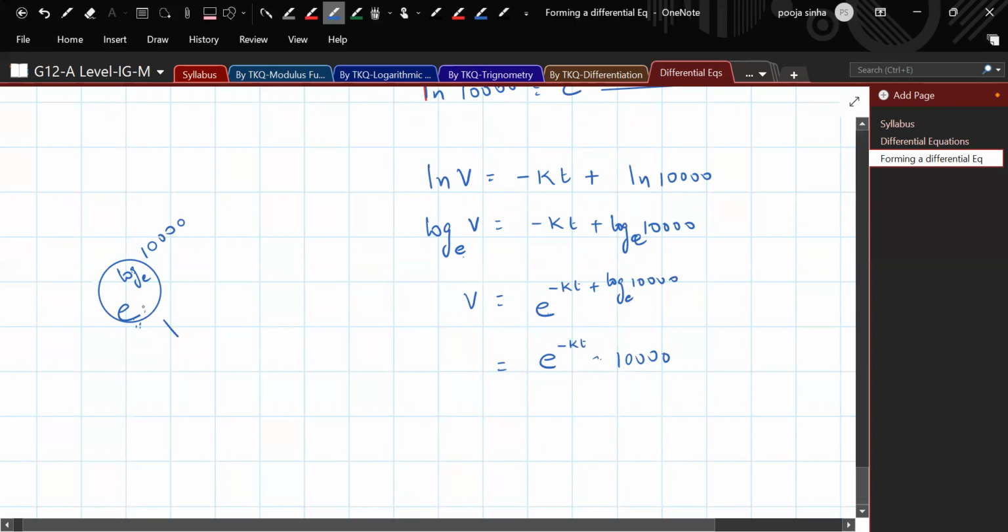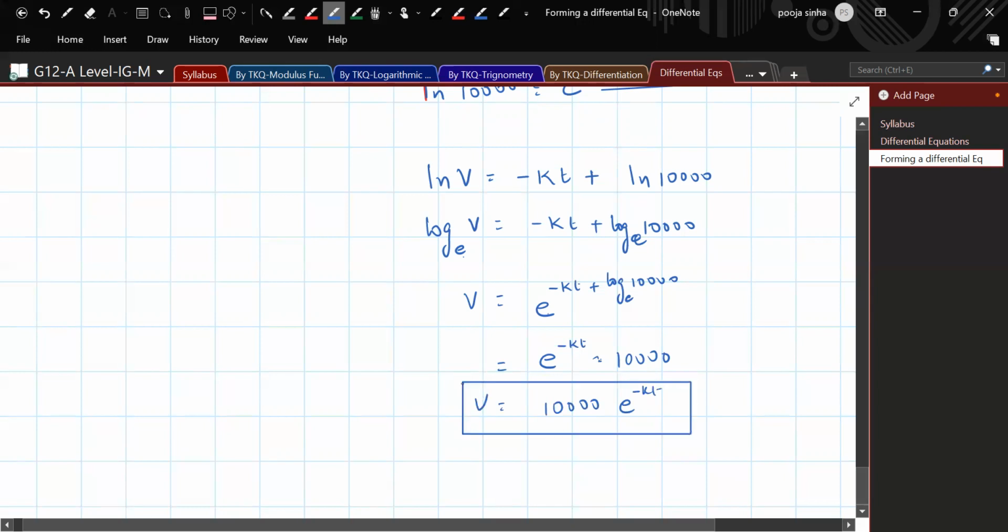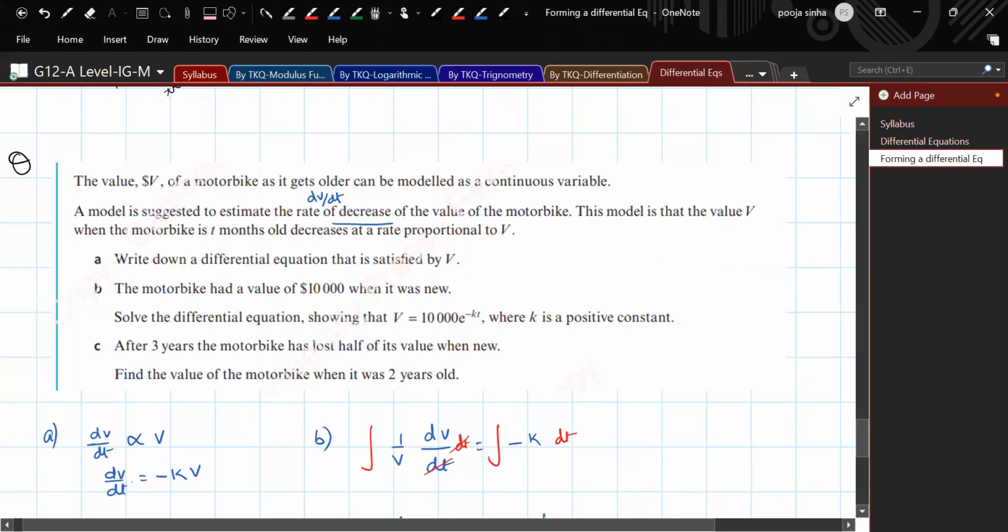Got it? So these two cancel. So the answer would be this only. Did you understand? So this becomes 10,000. Your final answer is 10,000 e raised to power minus k. And that's what has been asked.